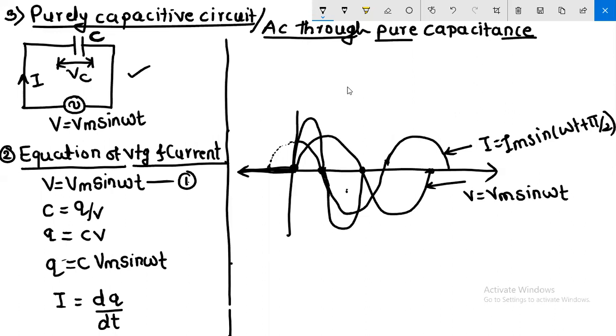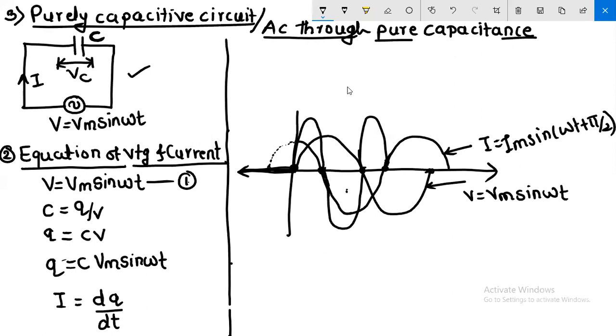Now from this point to this point, what is your voltage, positive or negative? Negative. What about the current? Negative. But the power, which is the product of voltage and current, negative times negative means positive. So see how your waveform of power is like this.